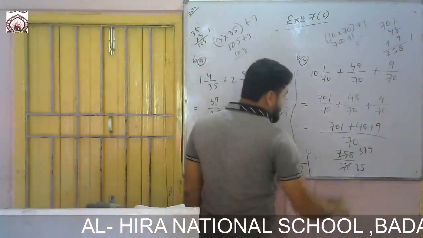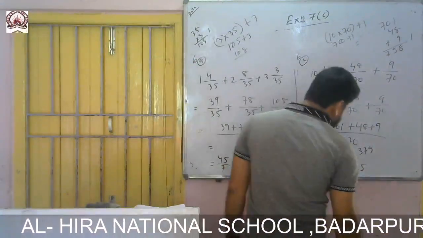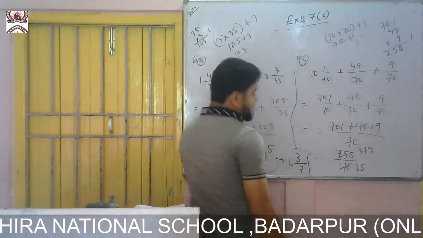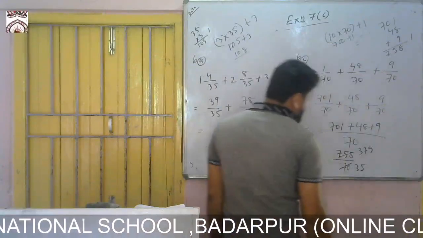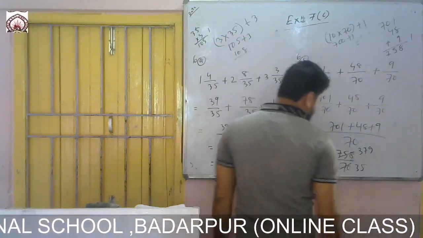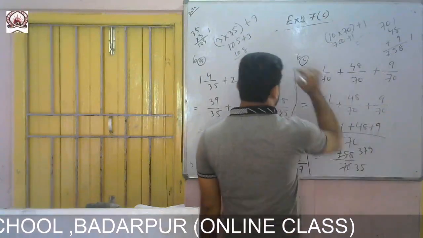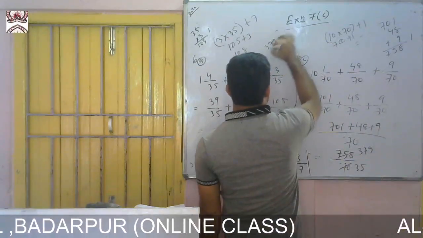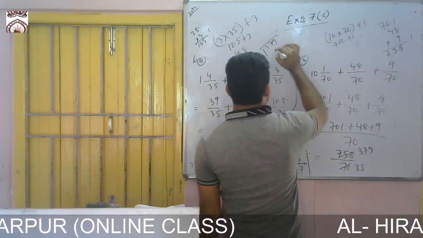So let me check whether it get cancelled with what? 35 can be divisible by what? Only with 5 and 7. So with 5 it is not possible. Let me try with 7. So 379 with 7. How much?